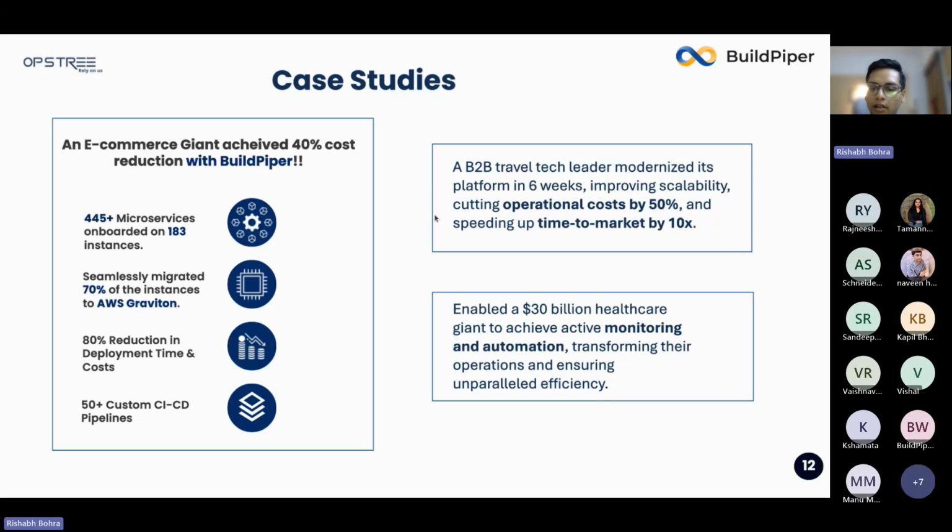And finally, through BuildPiper, one of the customers, a healthcare giant, was able to achieve monitoring and automation in terms of transformation of their operations, modernizing their CI and CD pipelines, and ensuring that they have efficiency at its peak. So these are some examples of the actual customers that we at Opstree Solutions and BuildPiper have worked with, and they were able to get the most out of it when they started using an IDP.